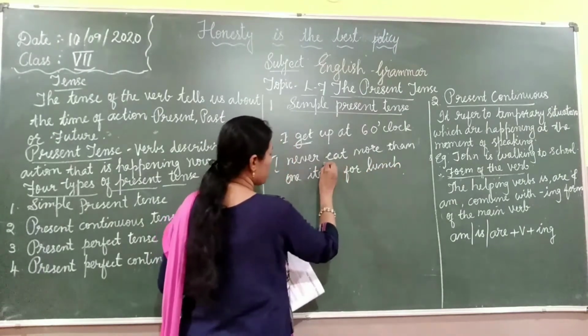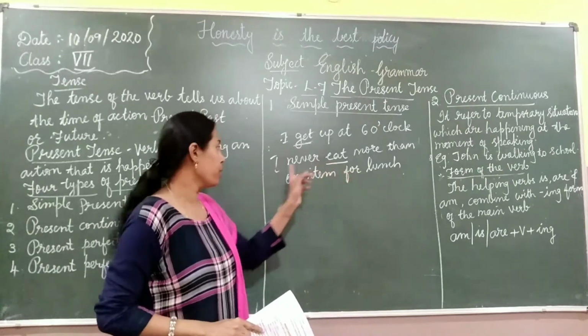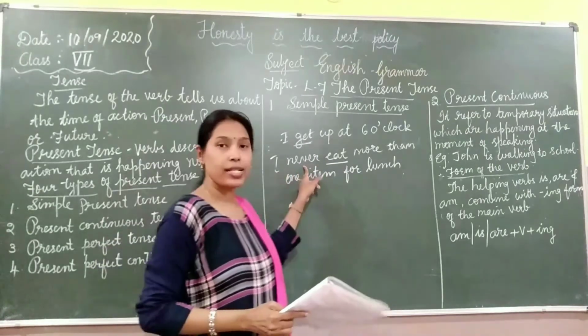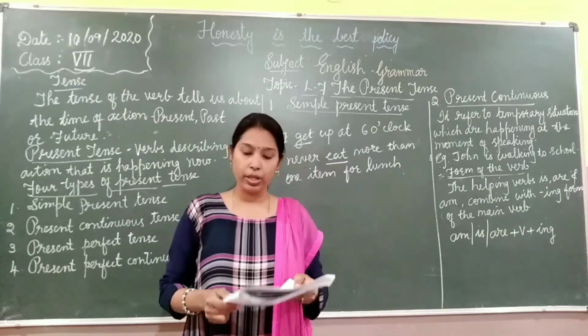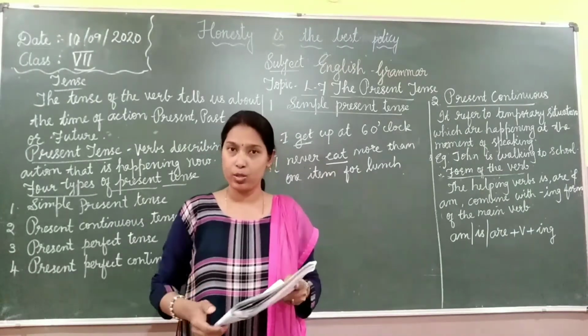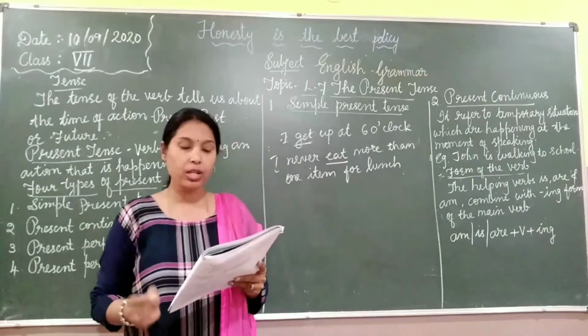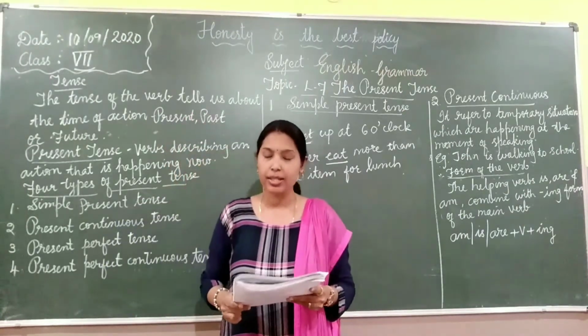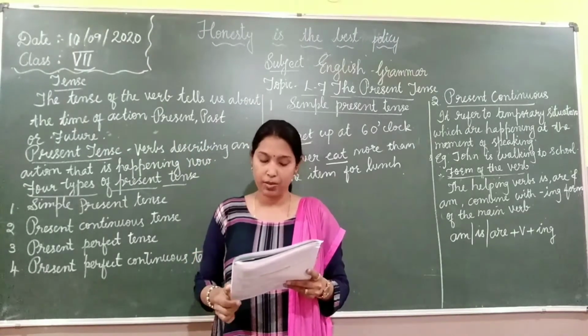Here, what is the verb? Eat. You can use the simple form of verb for words like never, usually, generally, often, every day, once in a month. For all these words, we can use the simple present form of the verb. One more example: generally, we get holidays in the month of July. Generally, so we can use the simple present form, get.